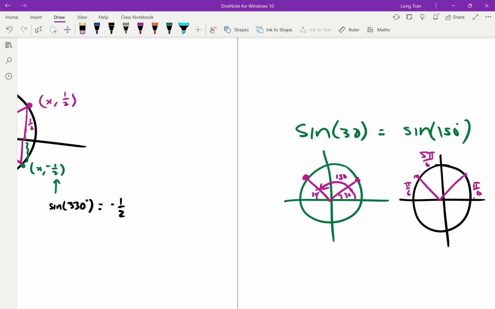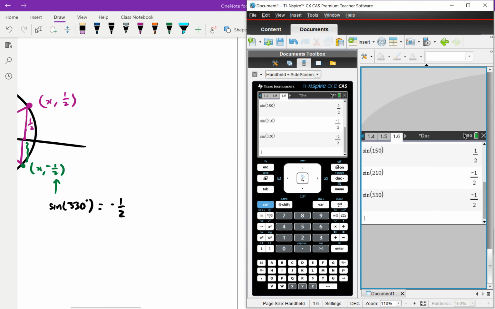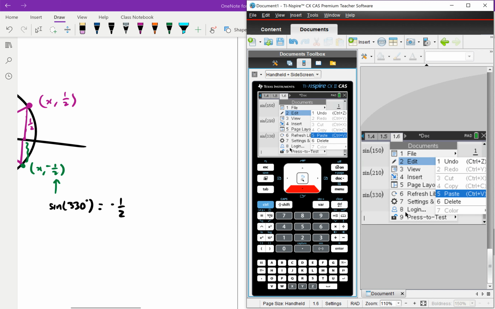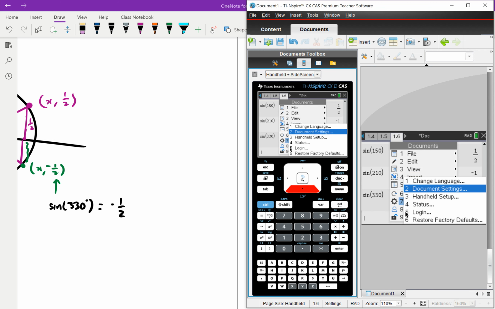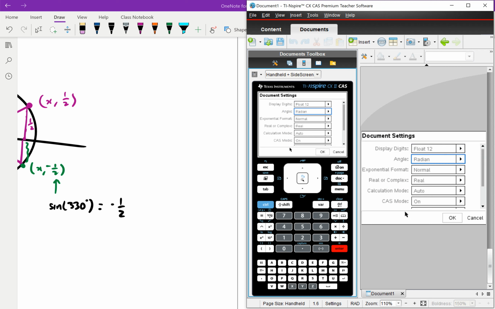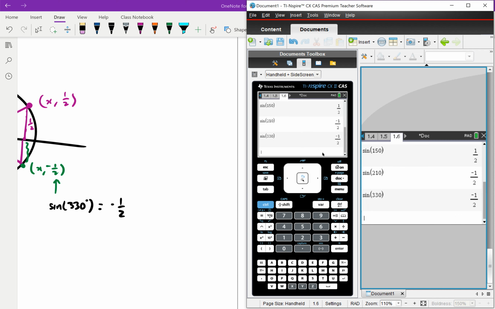So on my calculator, if I try radian mode, for those who don't know how to change from degree to radian, you can click there, or go to Document Settings, Angle, and change that to radian, and you should be able to work in radian form. Watch.